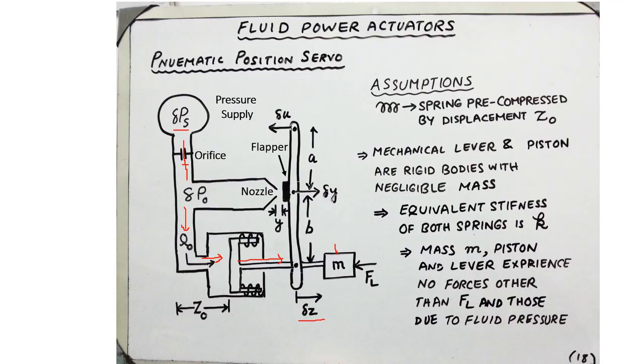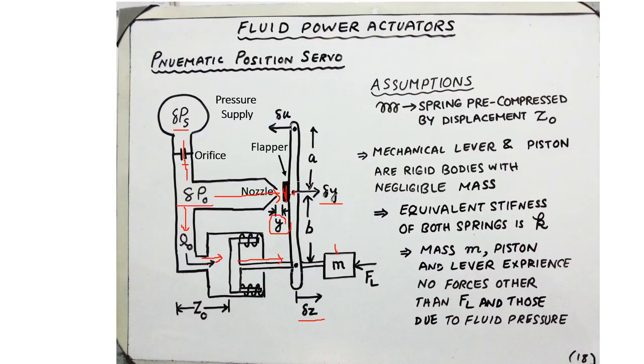And the other route is that the fluid can possibly escape through the nozzle of the valve, and the amount of fluid that can escape depends upon the spacing and also the displacement of the mechanical lever, delta Y, that is going to increase or decrease the distance between the flapper attached to the mechanical lever and the nozzle over here. So this spacing is important in regulating the flow and maintaining the pressure delta P naught.